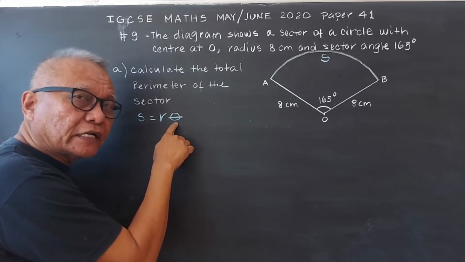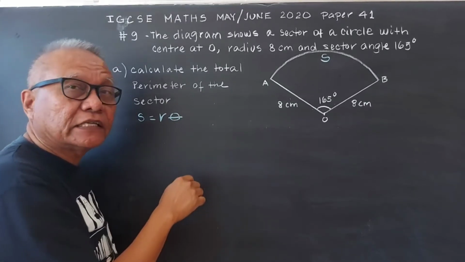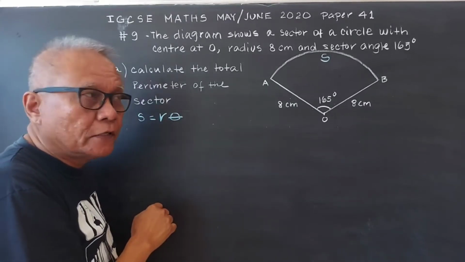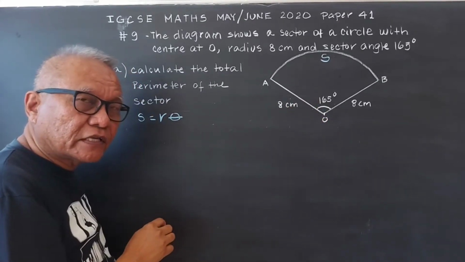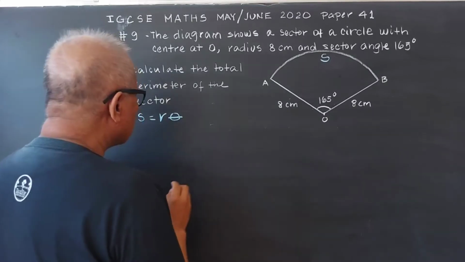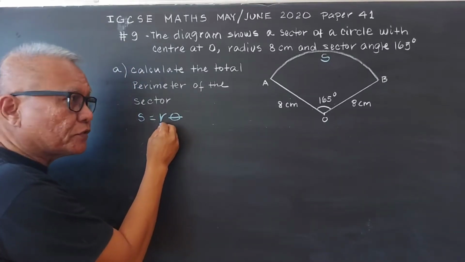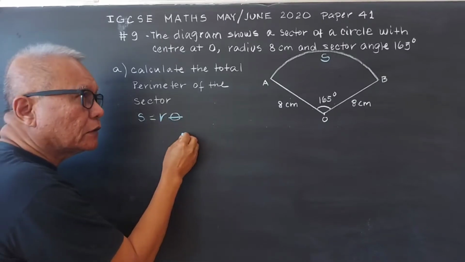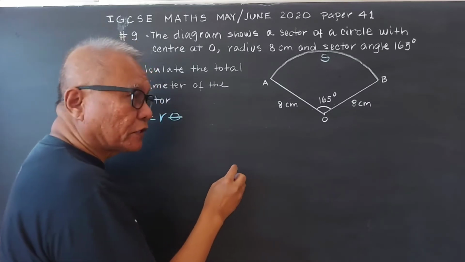This theta is the central angle in radians. So that 165 degrees must be converted into radians. Let us solve for S. We have the radius 8 centimeters, but we don't have yet the angle in radians. So let us compute the theta.